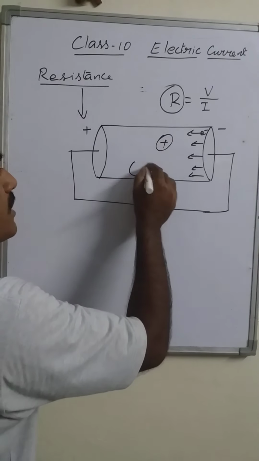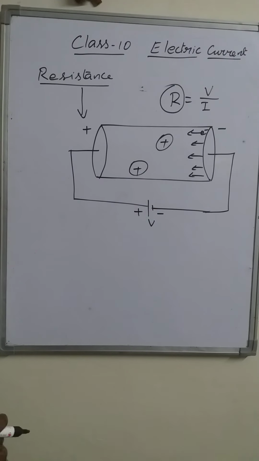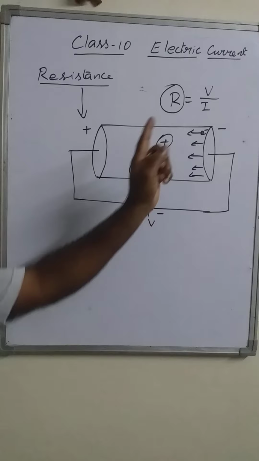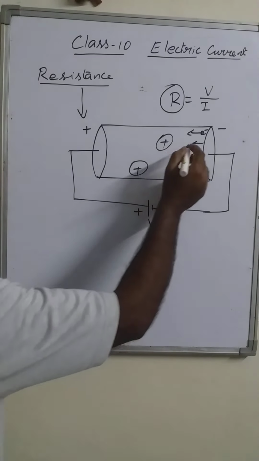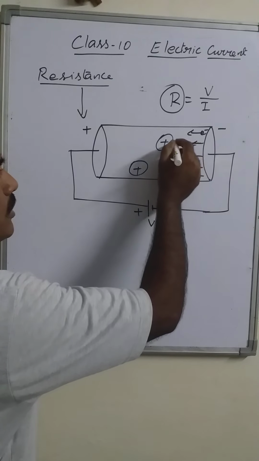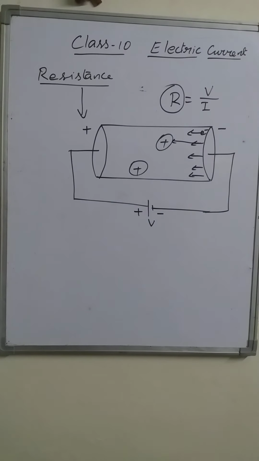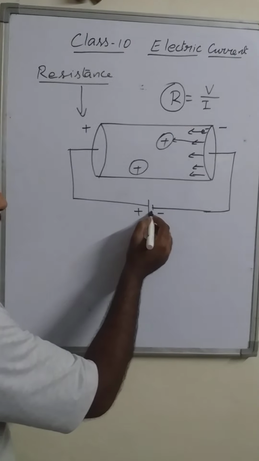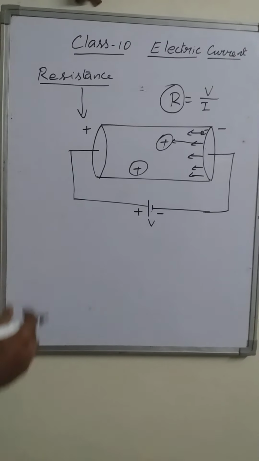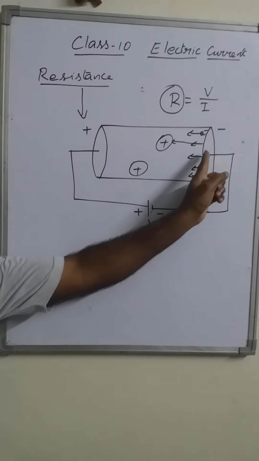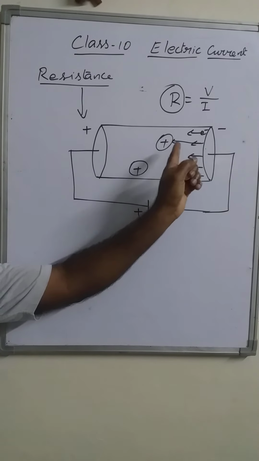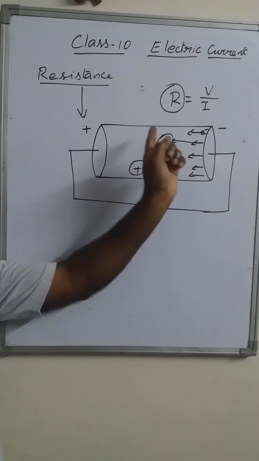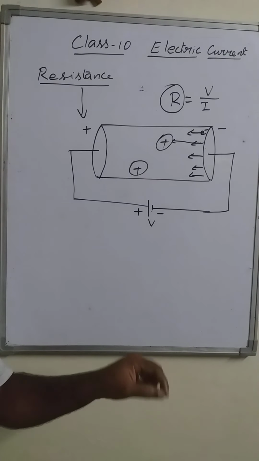Already I said the size of positive ions is very large compared to the size of an electron. Because of this, whenever the electrons are moving towards the positive ion, they collide. From the battery the electrons are getting energy. The battery supplies the energy. By getting the energy, the electrons are moving inside the conductor and they collide with the positive ions.